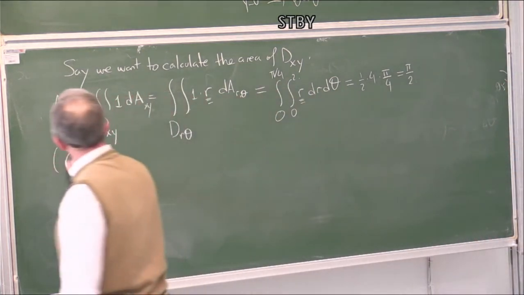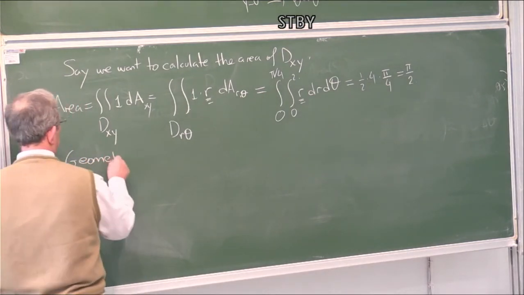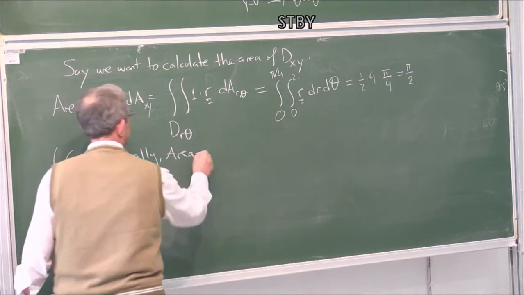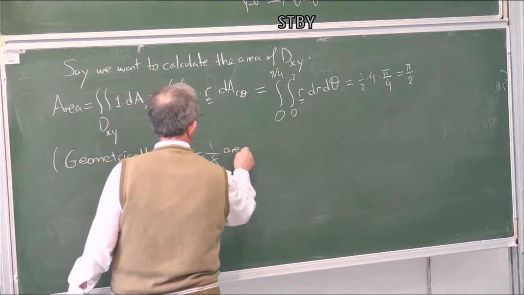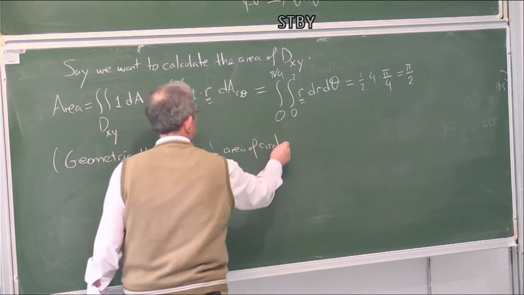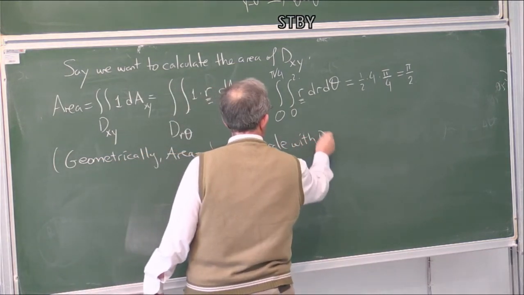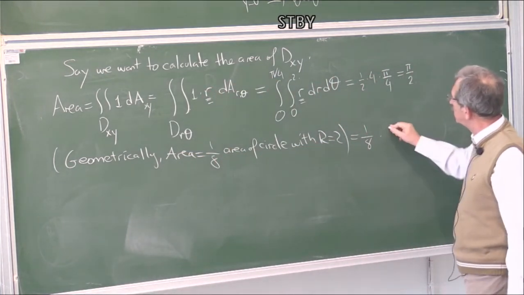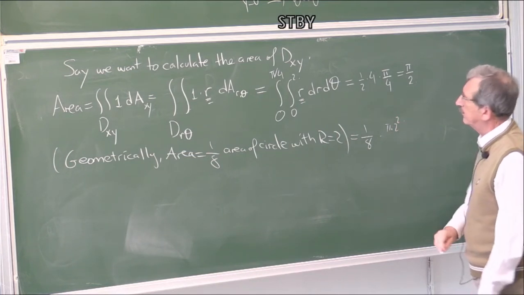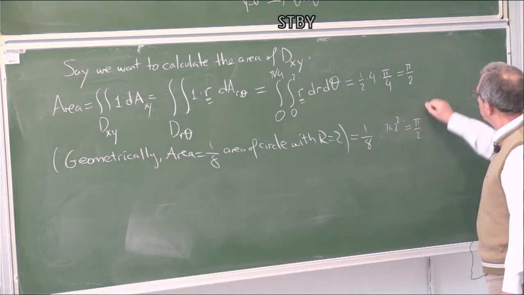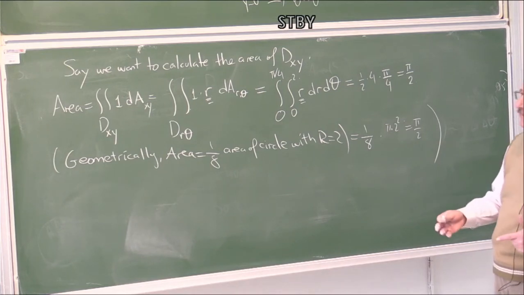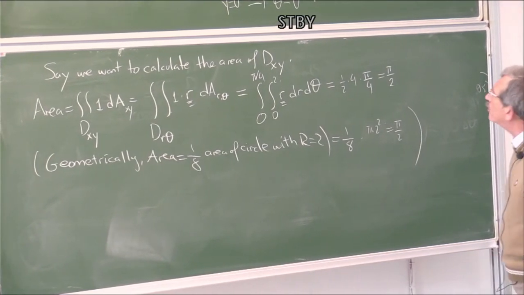Okay, so geometrically, area is 1/8 of the area of a circle with r equal to 2, which is, of course, 1/8 times pi r squared, so it is pi over 2. So we expect this, because this is a simple example. We are calculating the area of 1/8 of a circle.